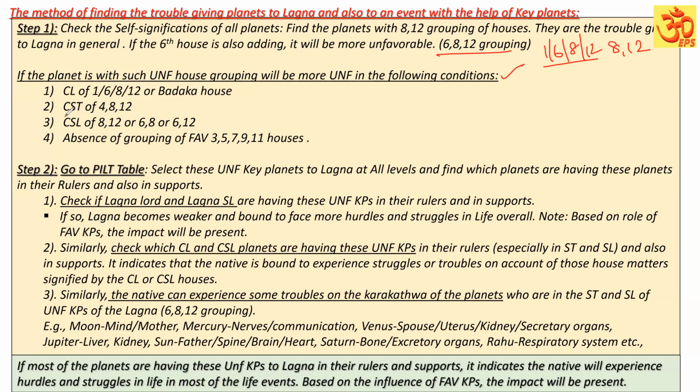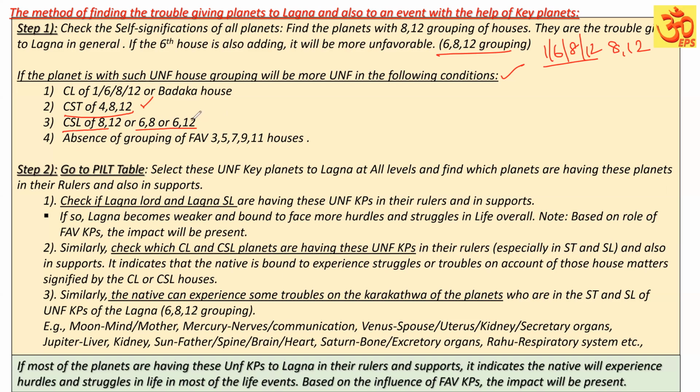Second point, Kaspal Star Lord for 4, 8, 12 houses. Third, Kaspal Sublord of 8 and 12 or 6, 8 or 6, 12 or 6, 8, 12 grouping. So in the source it can be these houses, or in the CST it can be this grouping of houses, and in the CSL it has a grouping of houses.